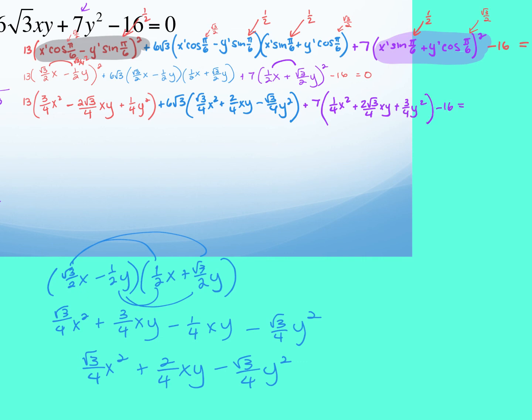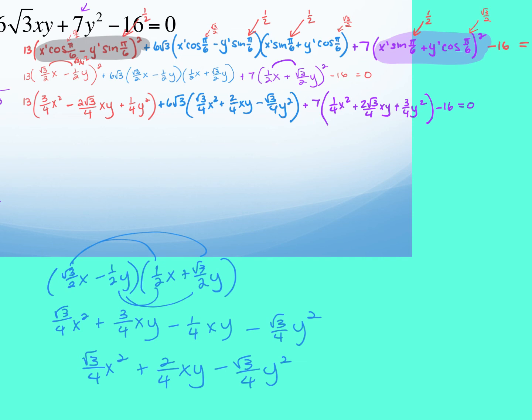Minus 16 equals 0. So you couldn't use the shortcut for the middle one? Correct. Yeah, they are opposites, but they're not the same. They're the opposite sign, but not the same terms. And it's not squared. So it either has to be the difference of two squares or it has to be parentheses squared.